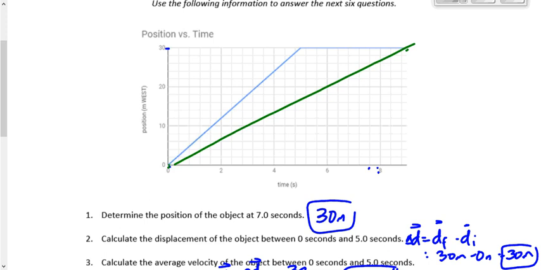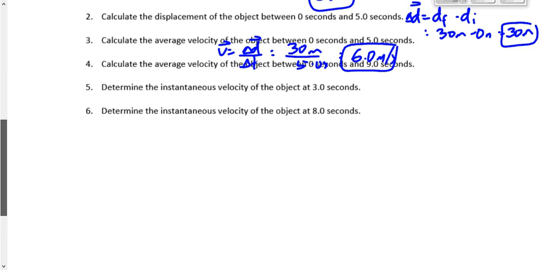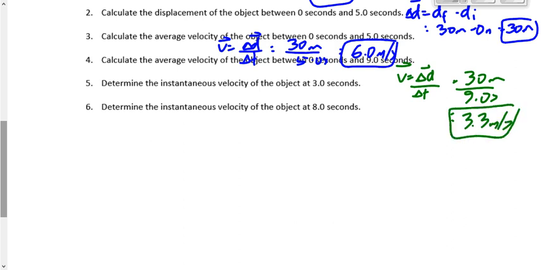Or what's the displacement between 0 and 9 seconds? 30 meters. What's the time? 9 seconds. 30 divided by 9 is 3.3. By the way, we don't worry about significant figures with graphs. So if you said 3.3, 3.33, whatever, we're not going to lose any sleep over that.